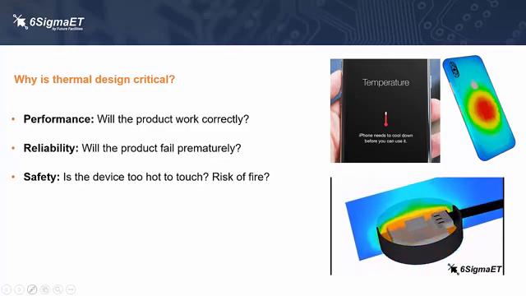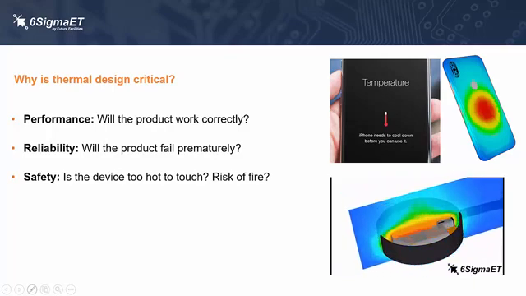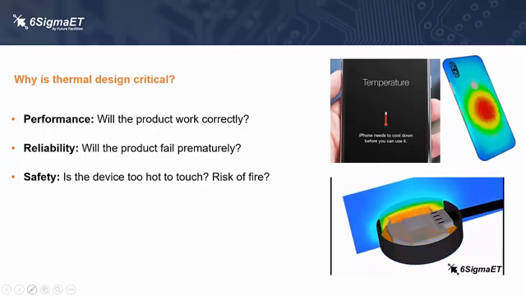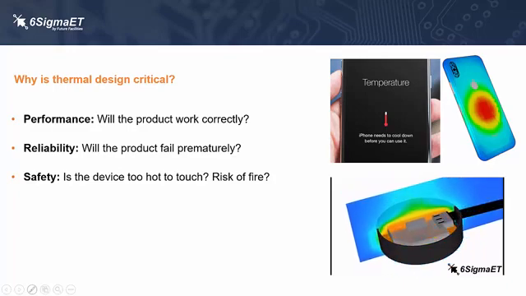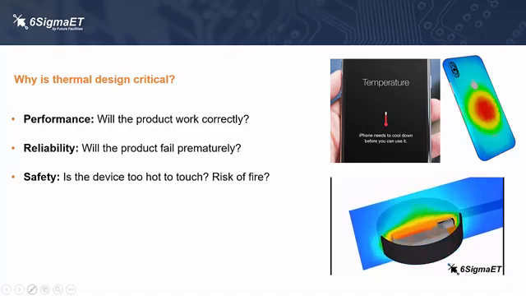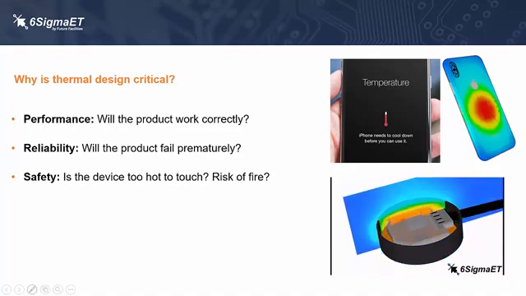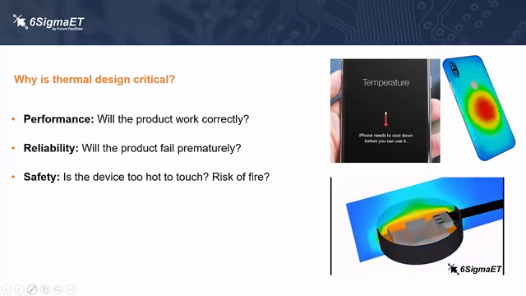Same with reliability. Will the products fail prematurely? If you were to buy a mobile phone, you'd be disappointed if it failed in 6 months. And as we all know, thermal issues are one of the major causes of reliability problems. And finally, there's safety.